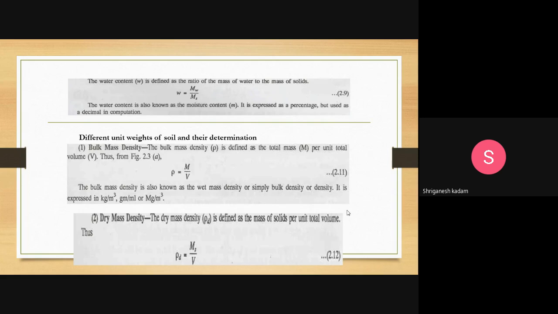We know what is meant by density. So we have learned density means total mass upon total volume. That is the bulk density. There is also another type of density, that is dry density. It is nothing but mass of dry soil upon total volume. So all these parts we will study in the next lecture.